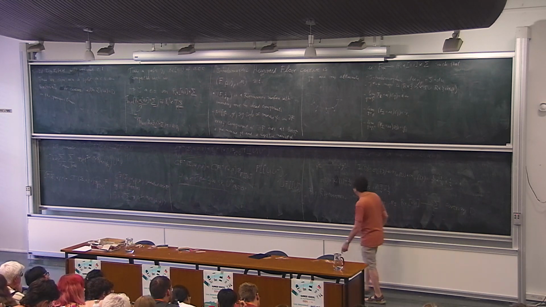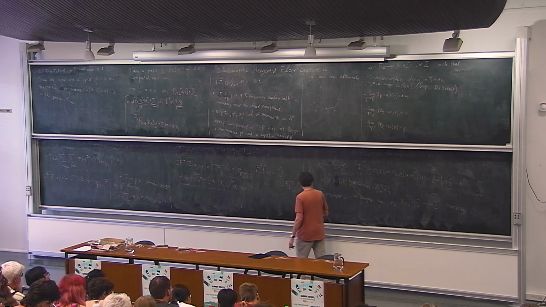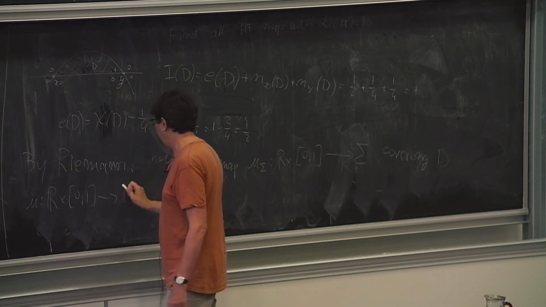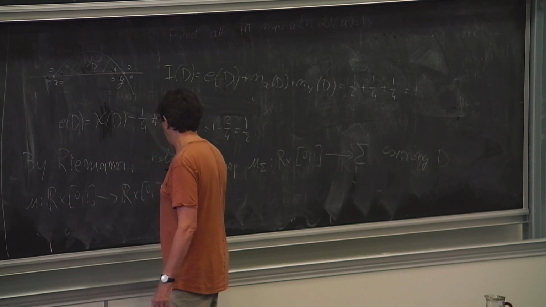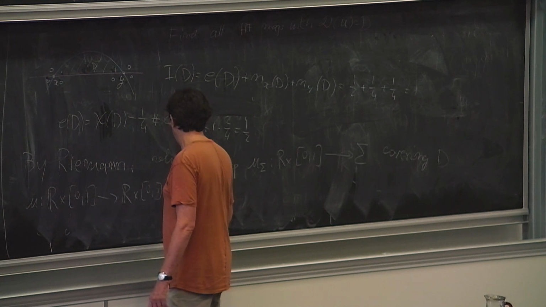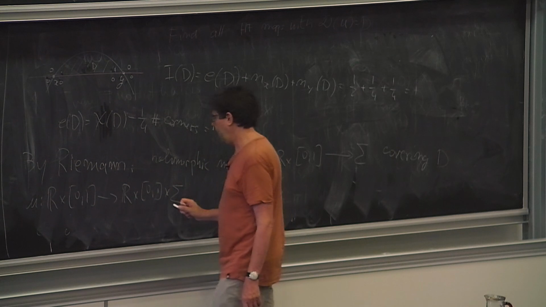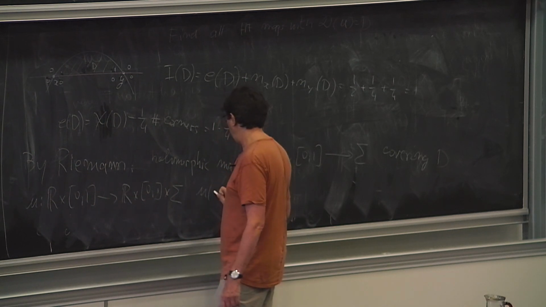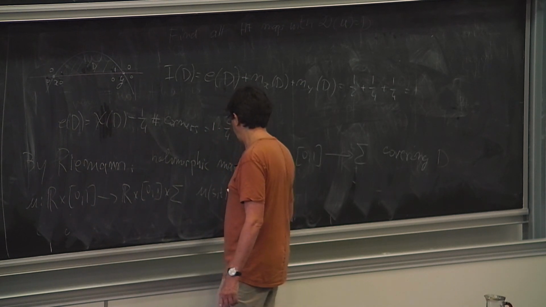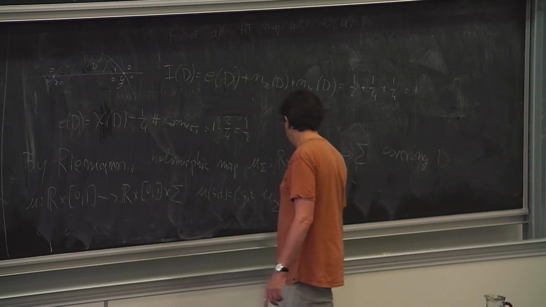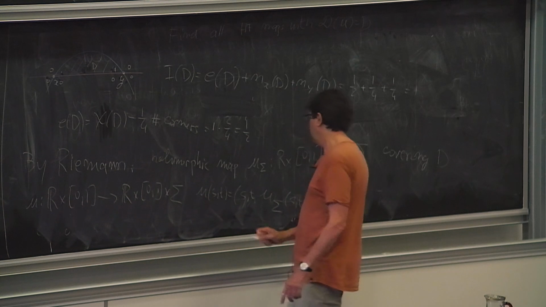And how do we define U? Well, we can define U from R times 0, 1 to R times 0, 1 times sigma by U of S,T equal to S,T, U sigma of S,T.